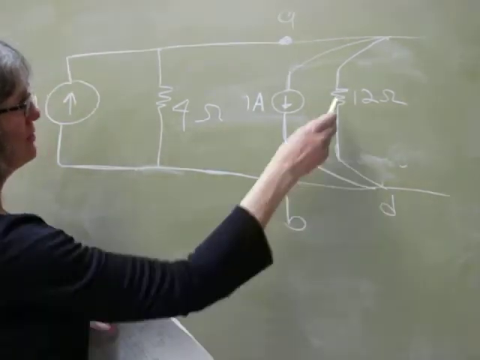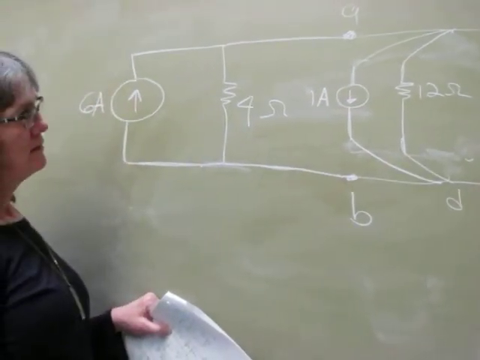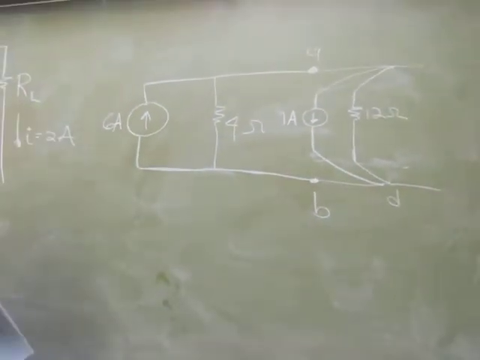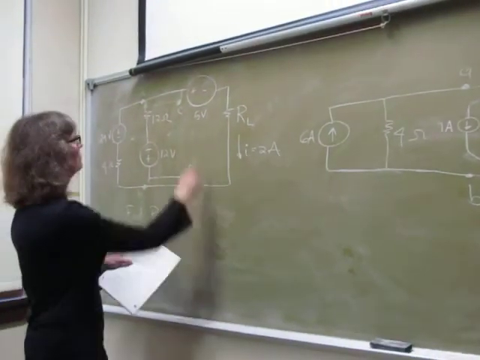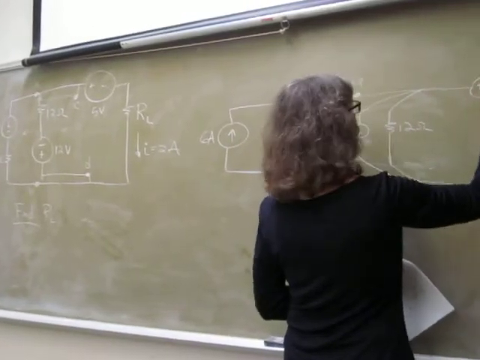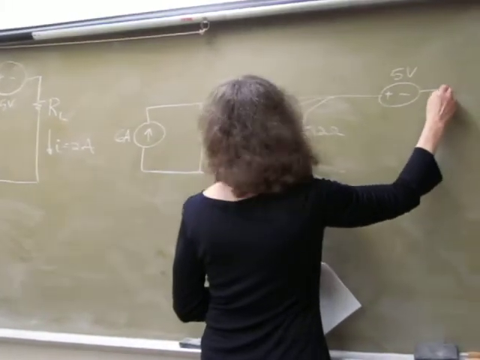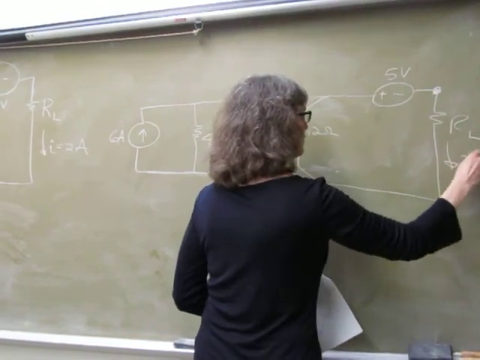Now I think you can see we just got these in parallel. They're all in parallel. And then I've still got that 5 volt. So I still got this 5 volt and then RL here and 2 amps here.